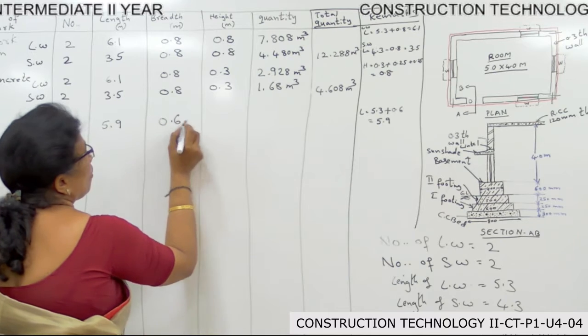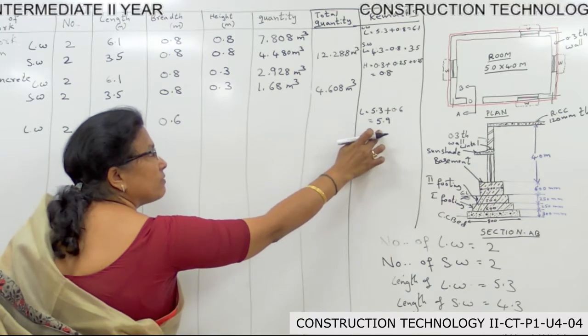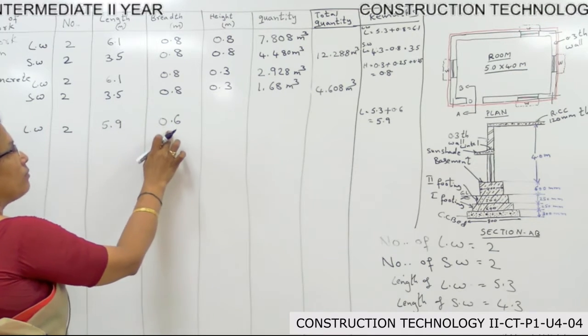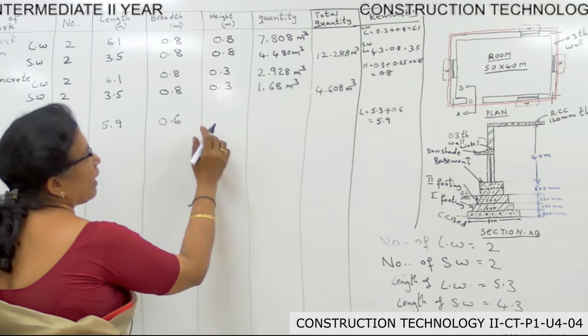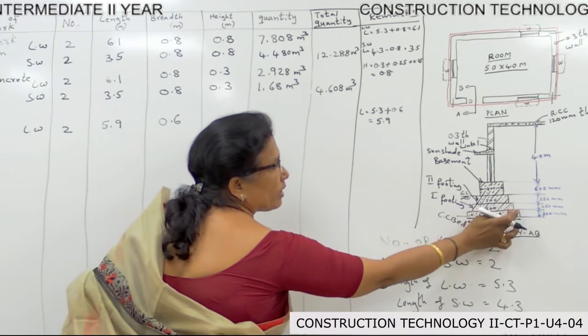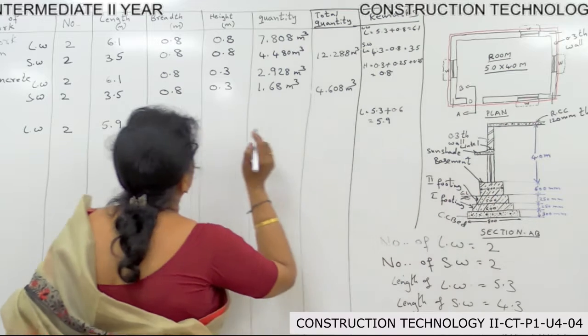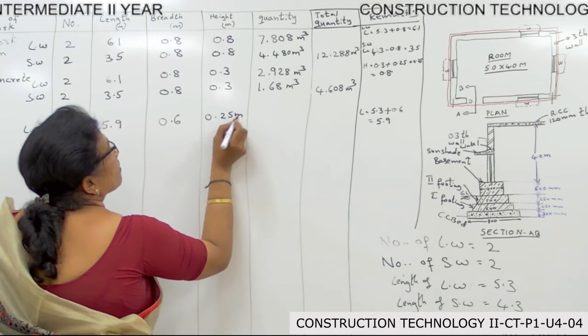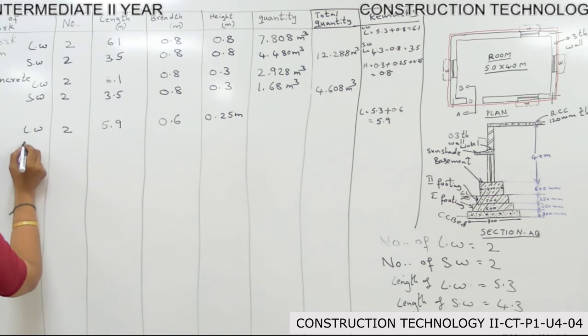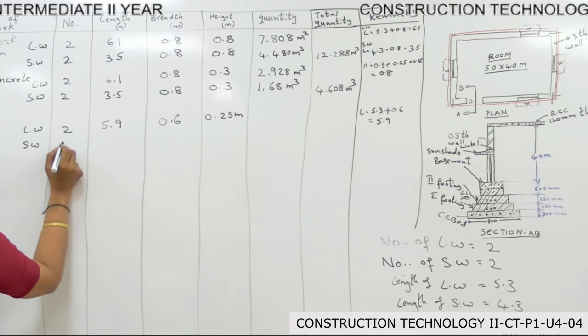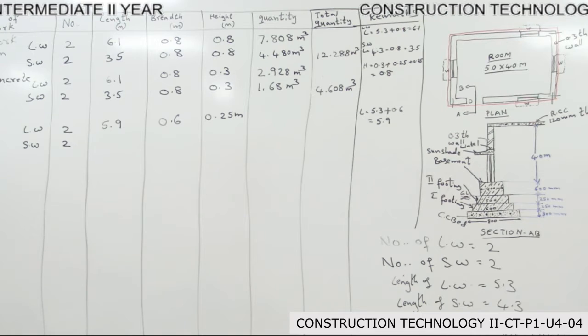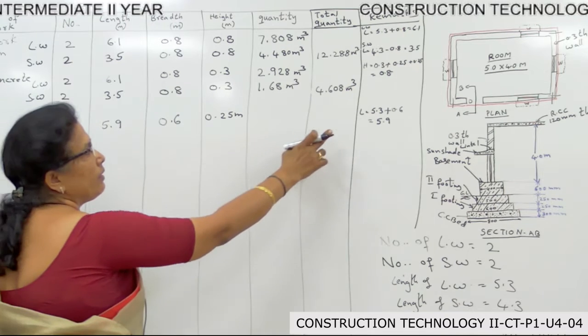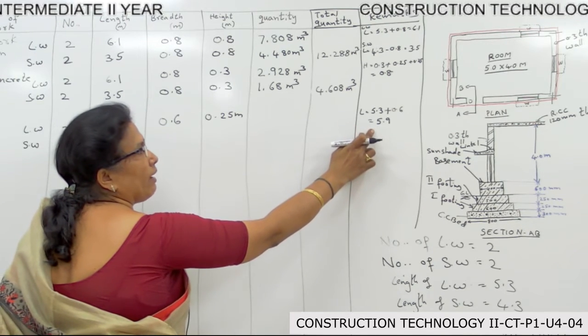In length you take 5.9 and breadth is 0.6. Whatever you are adding, that width comes under breadth column, and height you take from here, that is 250 mm, it is 0.25 meter.